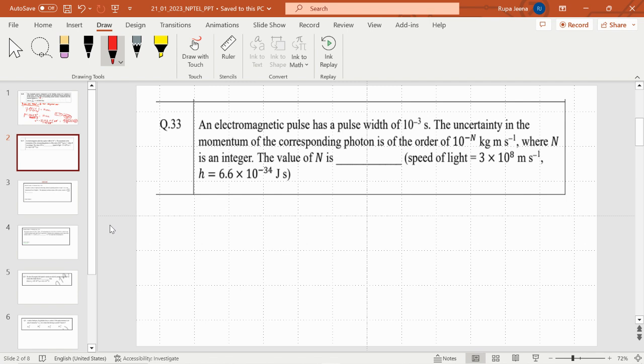Do this question, I'll give you a hint. It is based on the Heisenberg uncertainty principle.